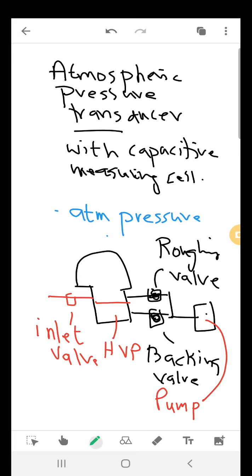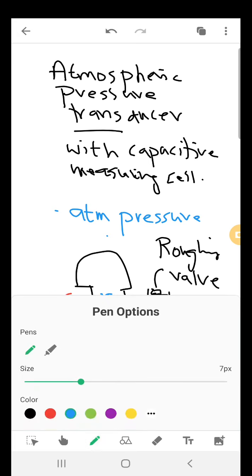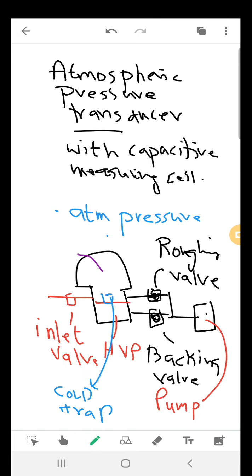And there is something called a cold trap. Okay, so this one is called the cold trap, and this of course is the chamber as told earlier. We have seals here. So this is how a pressure transducer looks like, or a vacuum system used in a pressure transducer looks like.